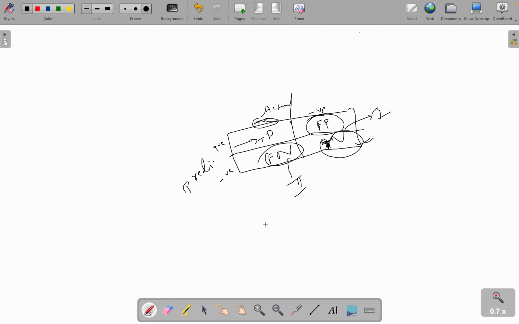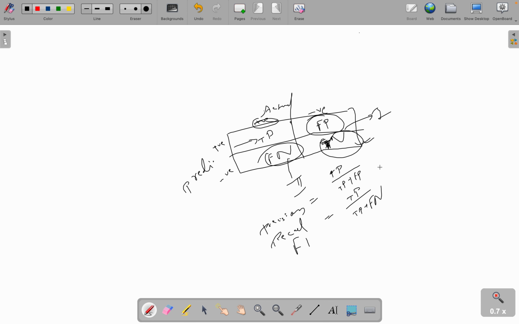Now here comes precision, recall and F1 score. Precision is true positive divided by true positive plus false positive. Recall is true positive divided by true positive plus false negative.